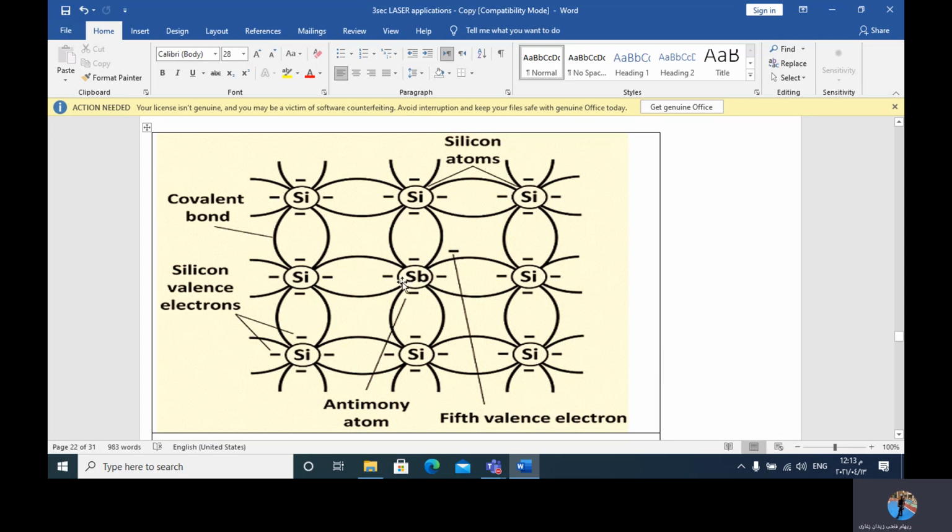Here is Sb, the antimony atom. How many electrons does it have in the outermost shell? 1, 2, 3, 4, 5. Wow. So this extra electron is the 5th valence electron of the antimony atom. Okay? And this extra electron will make the number of negative more than the number of positive. All right?